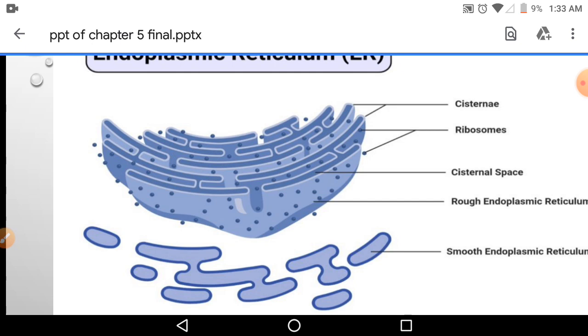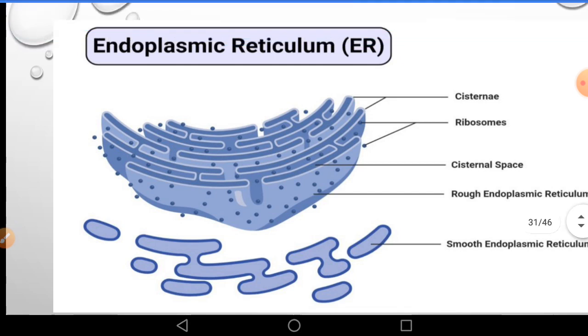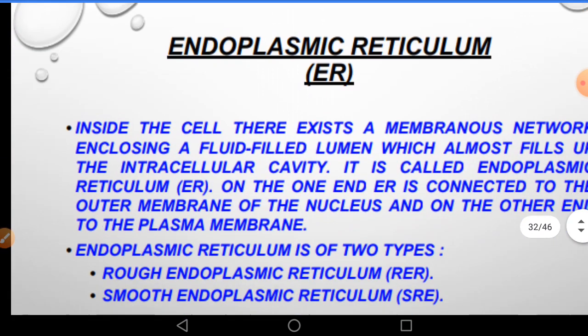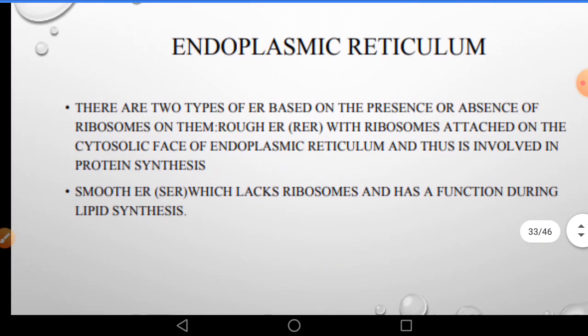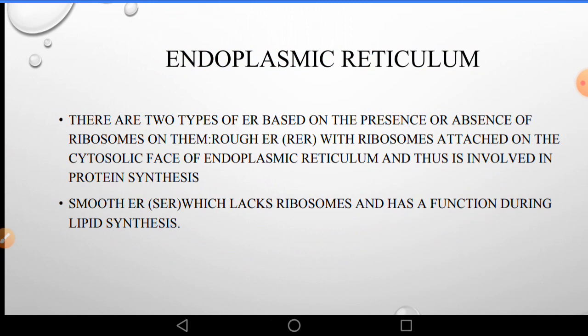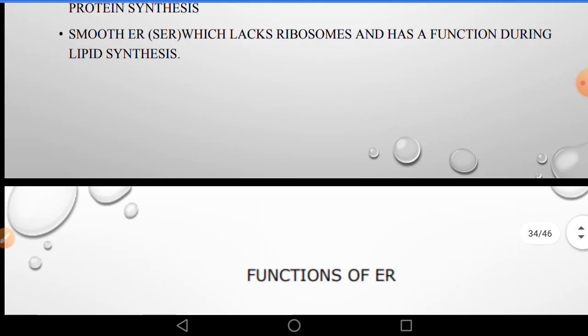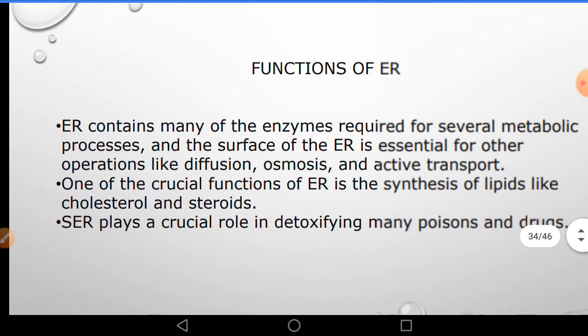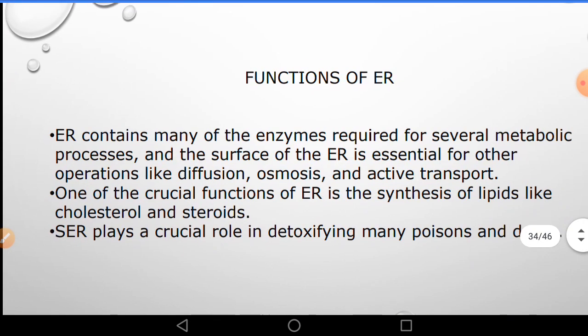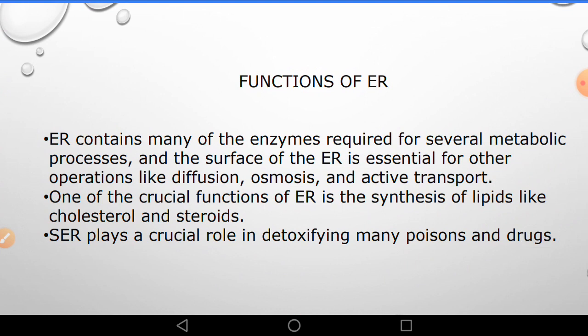So this is the structure of the endoplasmic reticulum, the function, and the two types based on the absence of ribosomes. If ribosomes are present, it is called rough endoplasmic reticulum, and if ribosomes are absent, it is called smooth endoplasmic reticulum, that is SER. Functions: the endoplasmic reticulum contains many enzymes required for several metabolic processes, and its surface is essential for operations like diffusion, osmosis, and active transport.